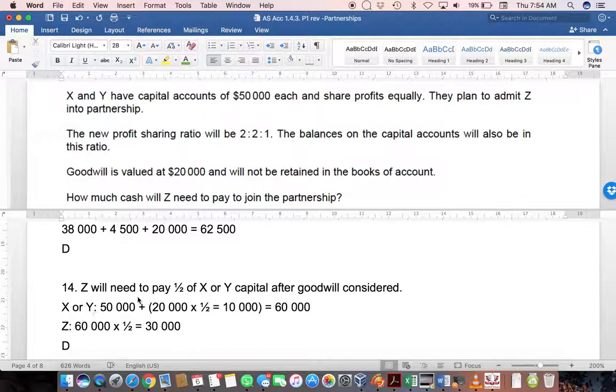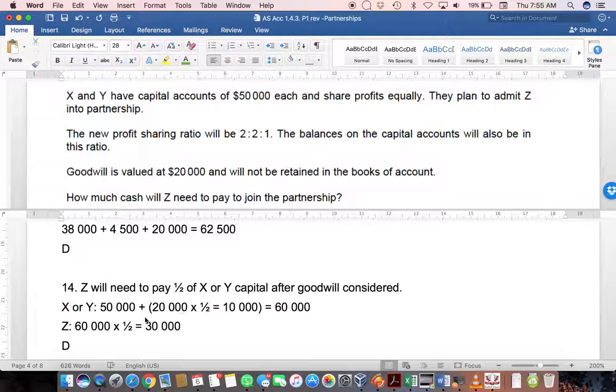Whether you do X or Y, it's exactly the same because they are equal partners. You'll start with their 50,000 capital, and you will then add 20,000 times a half share, which is the old ratio, is 10,000. In other words, X and Y, after taking account of the goodwill, must have 60,000 in their capital accounts.